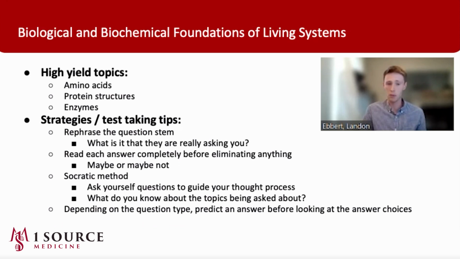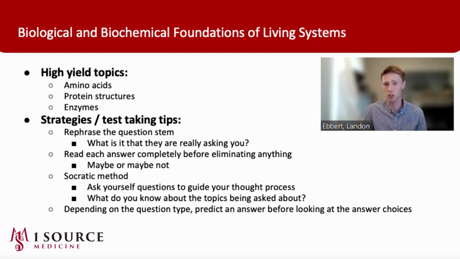And third, I recommend that students use the Socratic method, just like they do in the CP section. It's very, very helpful, especially when there are graphs and you have to try and analyze the graph. Just asking yourself questions to try to better understand what the question's asking and the information that is presented. And then lastly, depending on the question type, it can help to predict an answer.